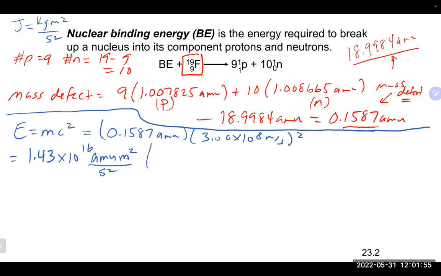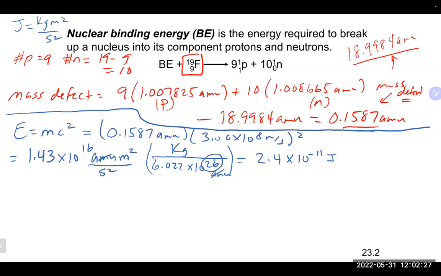We can use a conversion here to get us to joules, which would be 6.022 times 10 to the 26 AMU per kilogram. Those units cancel, and that gets us 2.4 times 10 to the minus 11 kilograms meters squared per second squared, which is a joule.